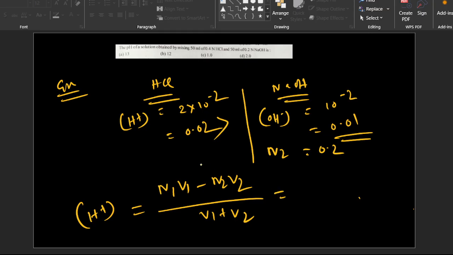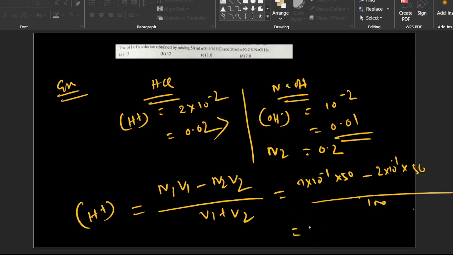So N1 is 4 into 10 raised to minus 1, and V1 is 50, minus N2 which is 2 into 10 raised to minus 1, and V2 which is 50, and the total volume is 100.